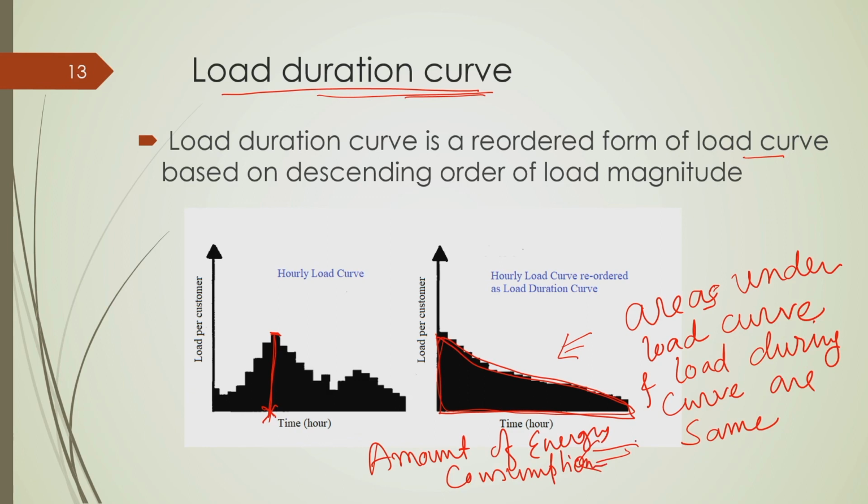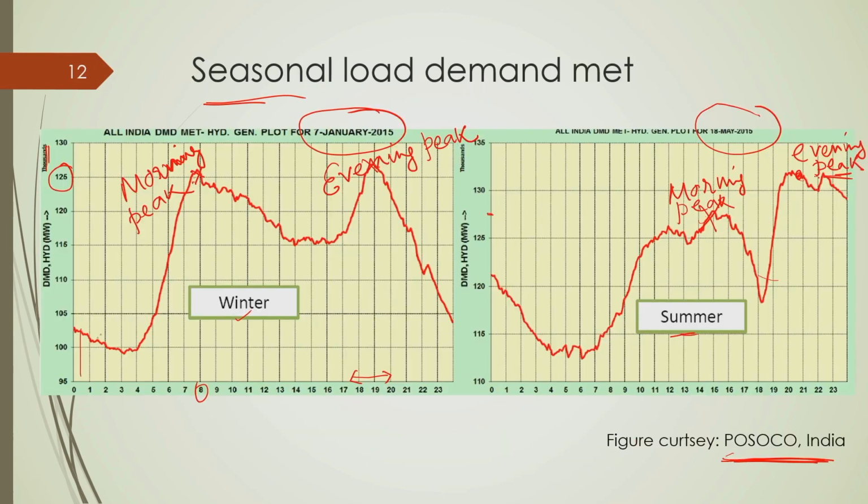For example, if we go back to this slide and integrate to find the area under this curve, this will give you the amount of energy consumption for 17th January 2015 all over India. And if you divide this area by the time duration, whatever you get is called the average demand.